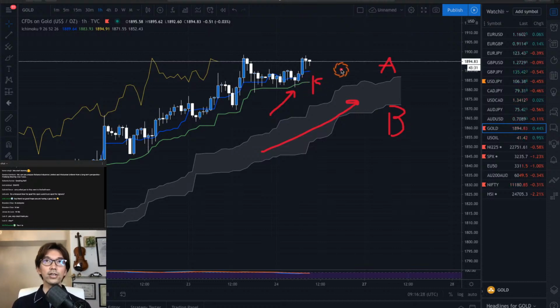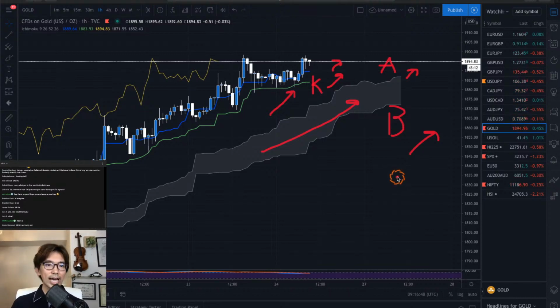So you just look at these 3 lines and the combination. You look at whether Senkou Span B is up and also Kijun-sen up, or Senkou Span A up and Kijun-sen up, and that will confirm a decent uptrend.